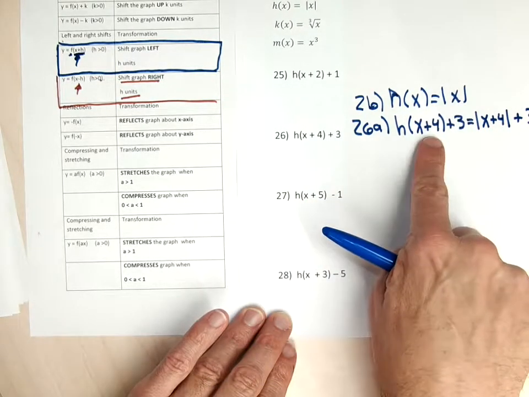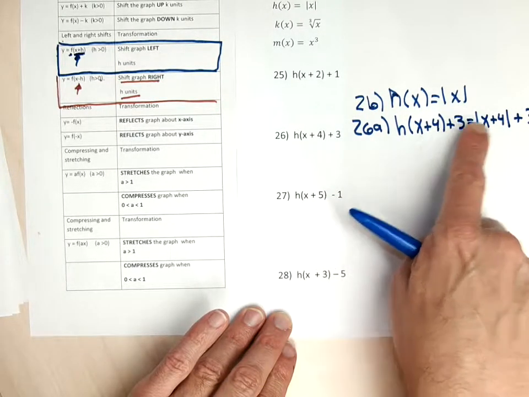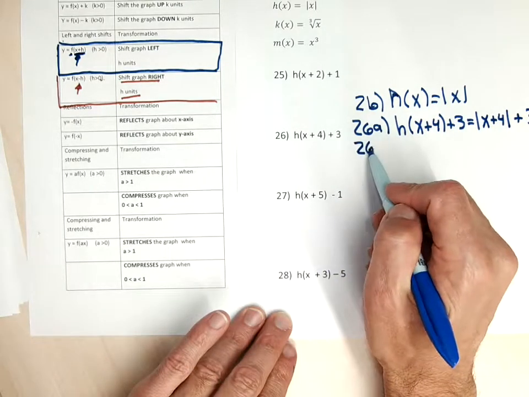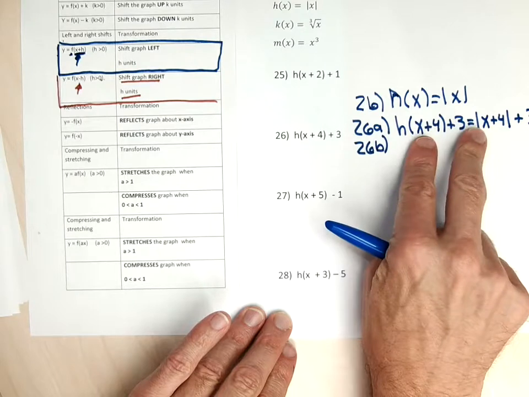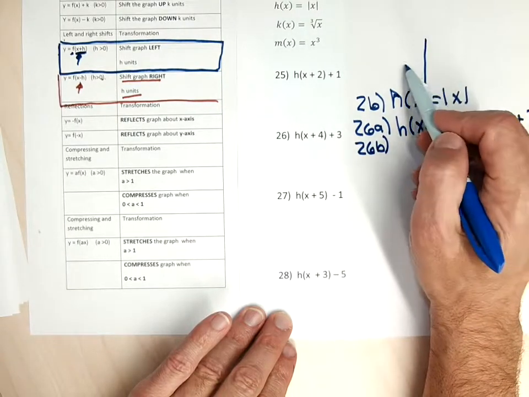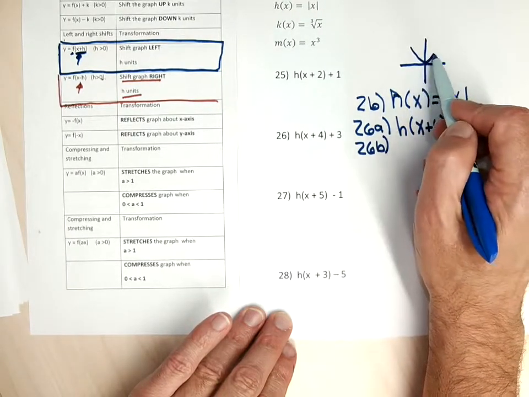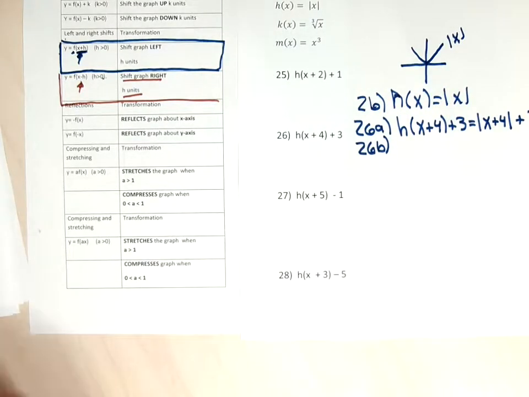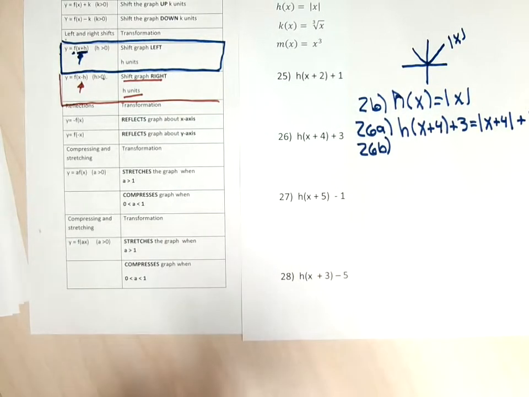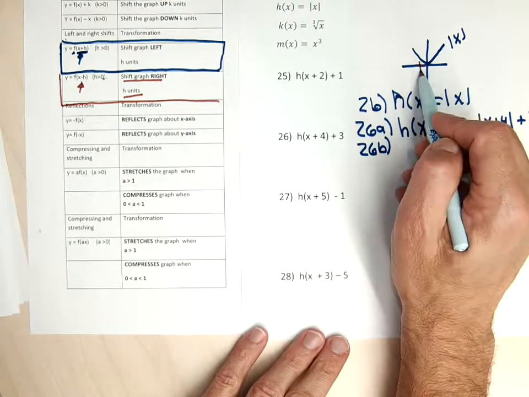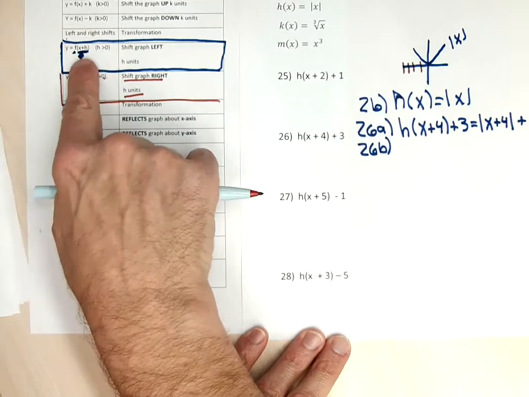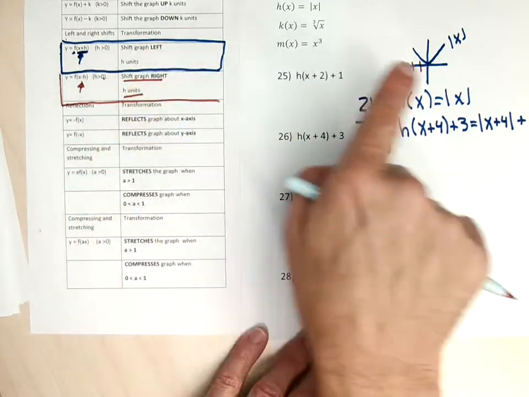If this was the x squared, I'd need a parentheses for that, but the absolute value is working like a parentheses. To describe how the graph of this compares to the graph of that, the graph of the absolute value of x is just a generic v. The plus 4 inside the parentheses would move the graph 4 to the left. Because plus inside the parentheses moves the graph left, the plus 3 afterwards is going to move the graph up.